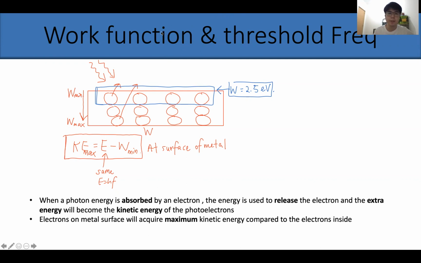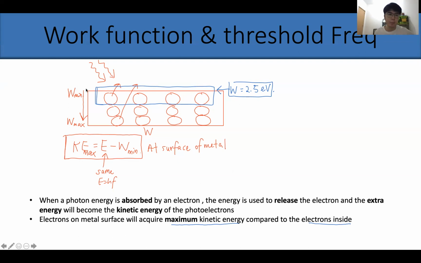Okay, where were we just now? We were talking about the work function, right? So minimum and maximum work function. To get the maximum kinetic energy, it is at the surface of the metal where work function is minimum. So point number 2 here, electrons on metal surface will acquire maximum kinetic energy compared to electrons inside.